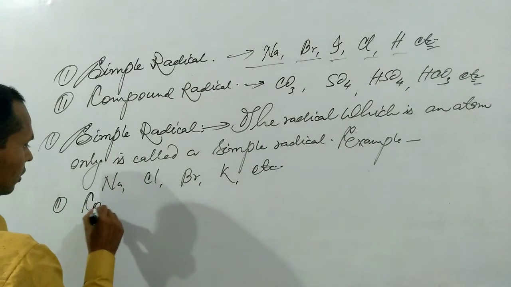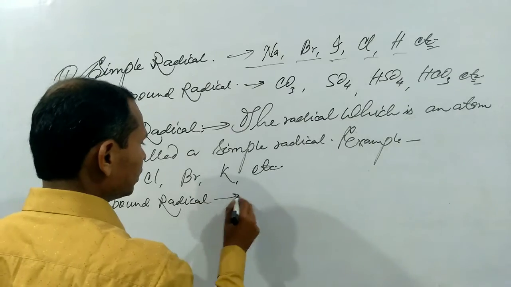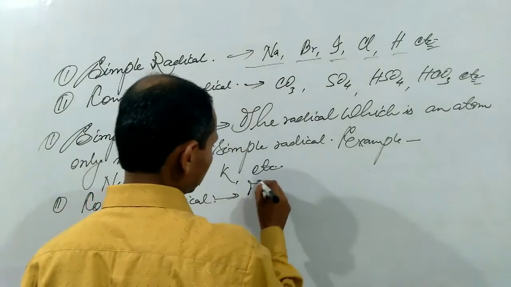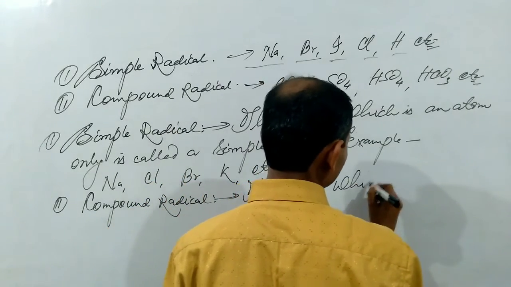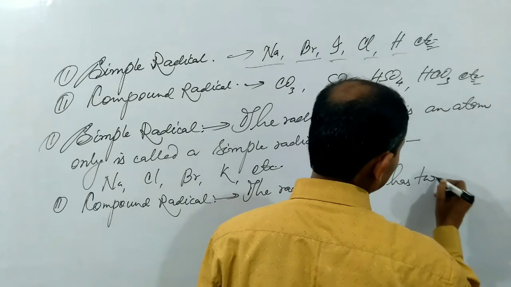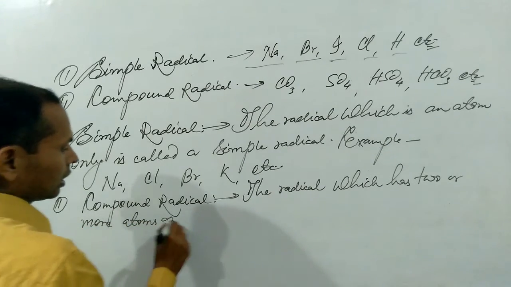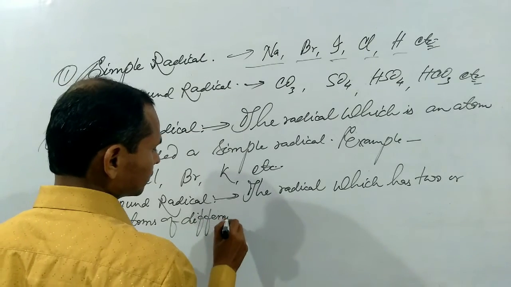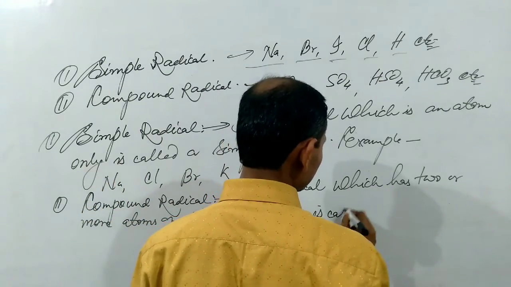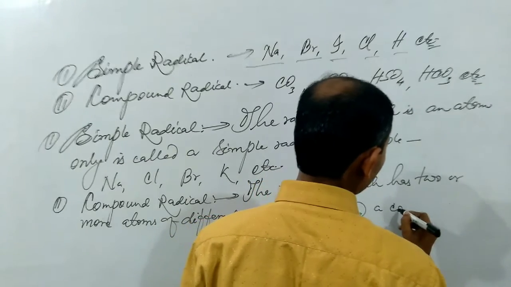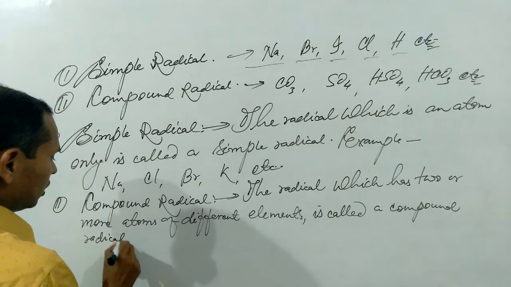Second is compound radical. We can write it as: the radical which has two or more atoms of different elements is called a compound radical.